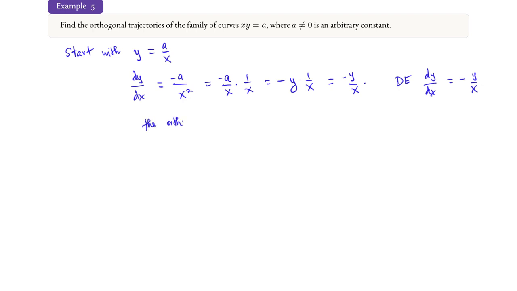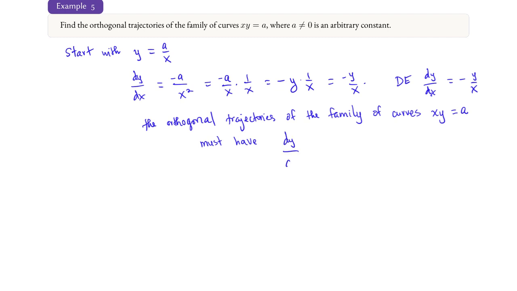Any orthogonal trajectory to the curve must have a slope of dy over dx equals x over y. That is, since the original curves have the slope negative y over x, the orthogonal trajectory has to have the negative reciprocal, which is x over y.